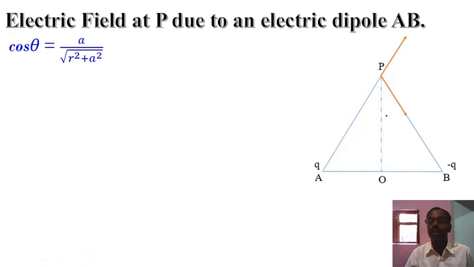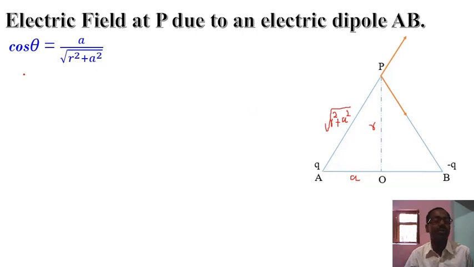Now in the right angle triangle, this is r, this is a, and this is the square root of r square plus a square.